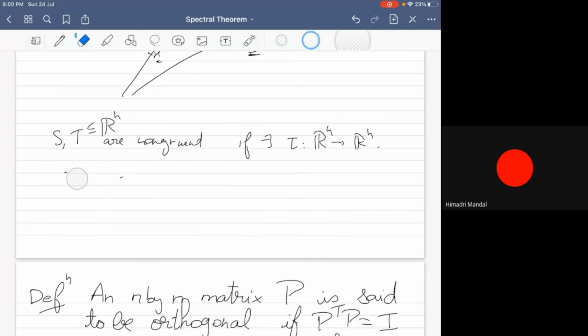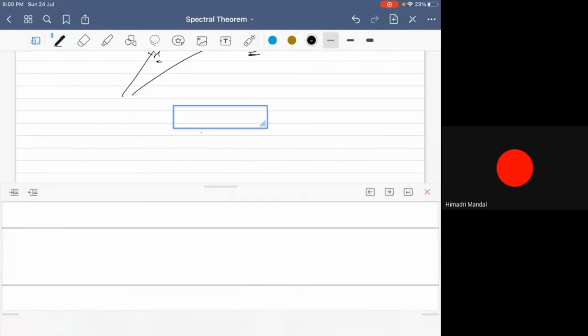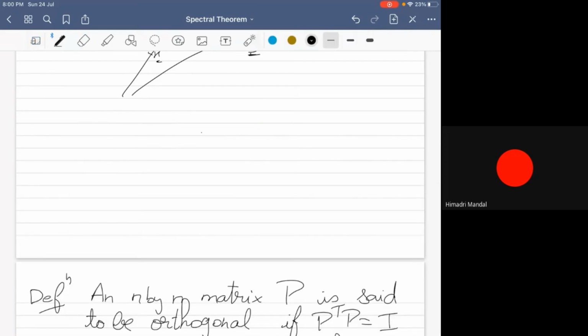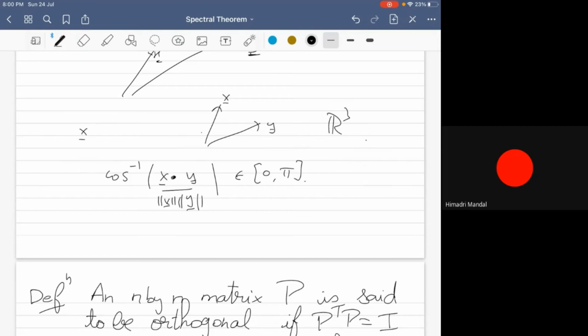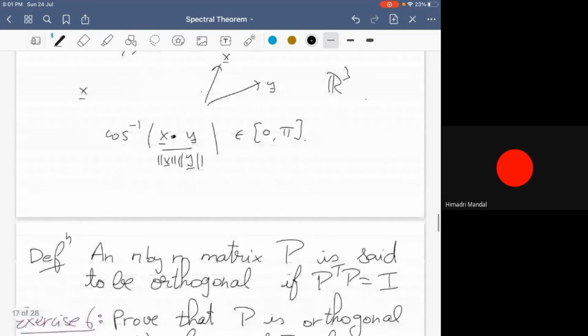For higher dimensions, we define the angle between, let's say, two vectors x and y to be cos inverse of x dot y over norm x norm y, and this always belongs to 0 to pi. And for, let's say, R3 we don't define angles like 270 or something. We only have angles like this.